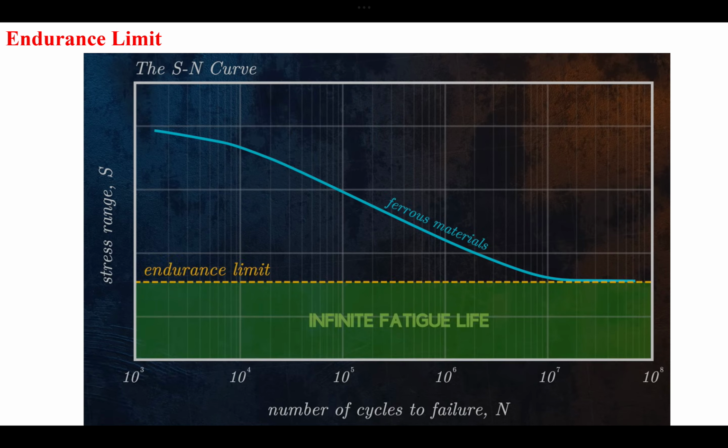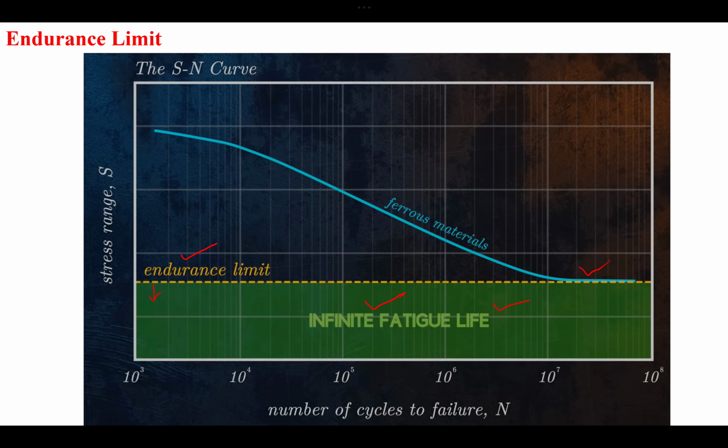That is the region that we call the infinite fatigue life region. That is below this specific horizontal line, and the limit below which this occurs, we call the endurance limit. So if you have a cyclic loading, you would want to stay below the endurance limit in order to have an infinite fatigue life.